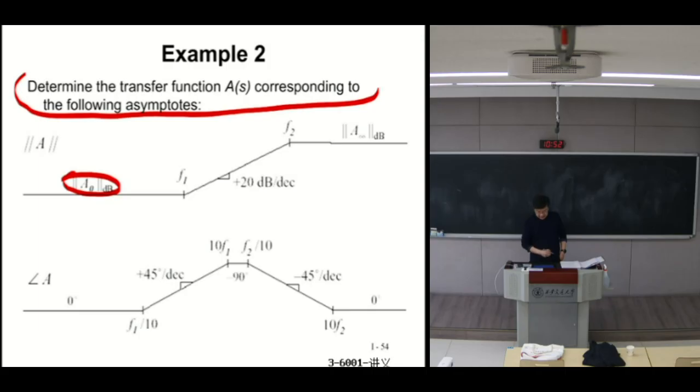Then you see the first turning point at f1, and then with +1 slope increasing to the second turning point at f2.